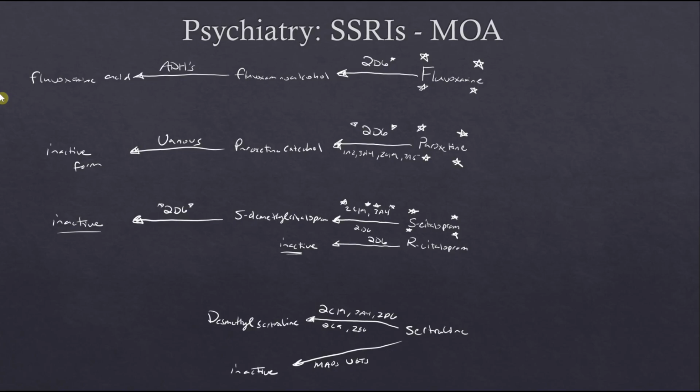Sertraline itself, which would be the principally acting drug with the mechanism of action, the therapeutic effect, is mainly metabolized by 2C19, 3A4, 2D6, but mostly 2C19 here, into desmethylsertraline. There's actually a secondary pathway, a minor pathway, which is metabolized by MAOs, so monoamine oxidases, and UGTs to create an active form.